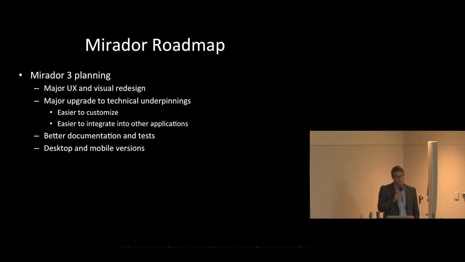Currently, we are in version 2 of Mirador and are now planning the next version, version 3, which will improve the user interface, redesign the technology architecture, and add new features for customizability and extension. We'll take the lessons of the past 8 years of work on Mirador to make a great new version.